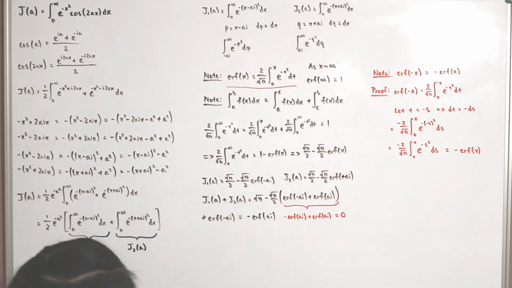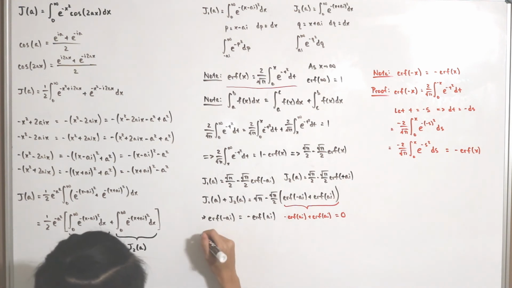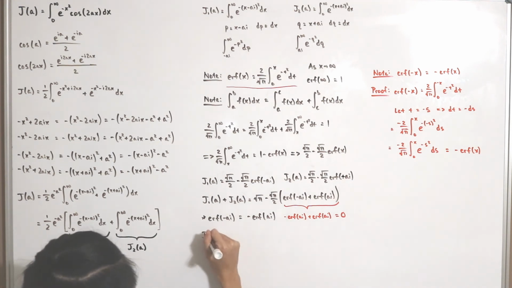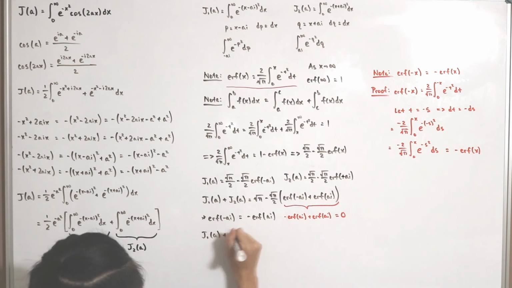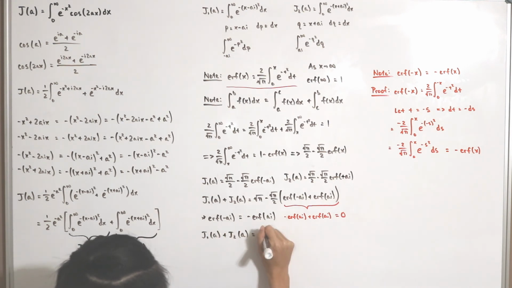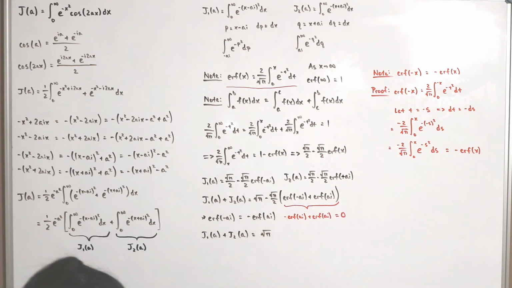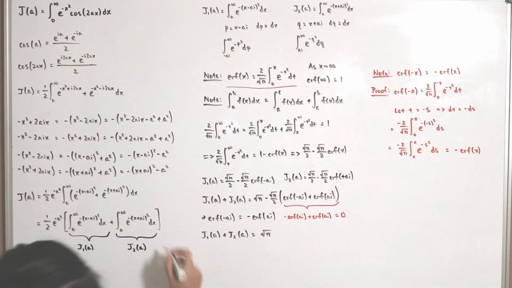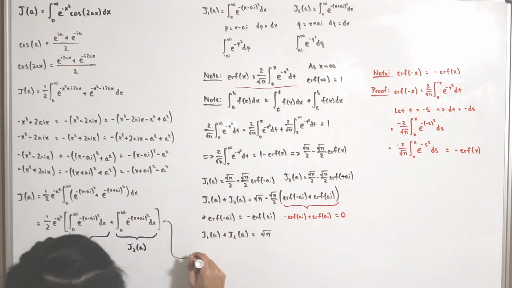So that means, pull out my black marker again, all we're left with is that J1 of a plus J2 of a is just equal to the square root of pi. Okay, great. Now that we have that, let me rewrite what we have from before.